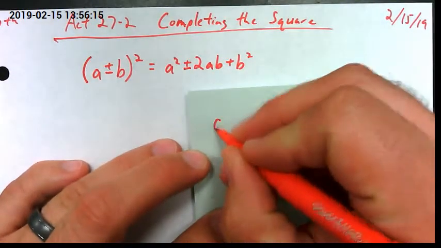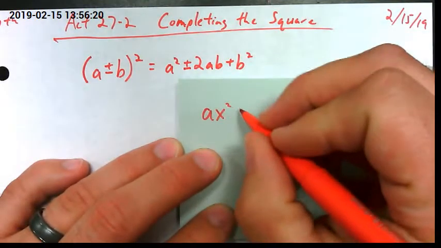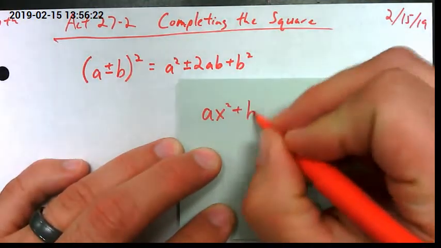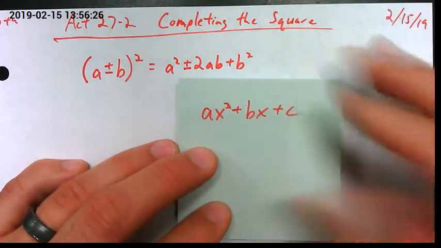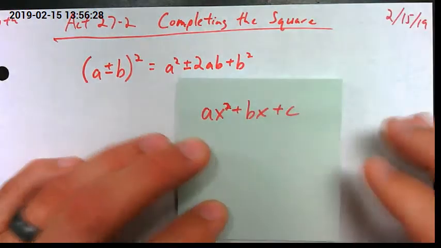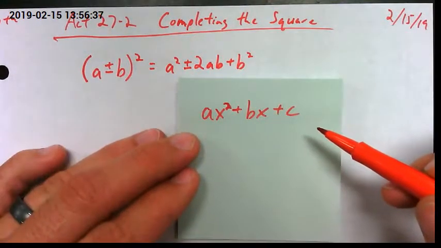So ax squared. Now I'm not writing this part on my notes. This is just separate. Ax squared plus bx plus c. This is a quadratic in standard form. And that square just does what? Now, guys, listen. So again, this is a quadratic in standard form.